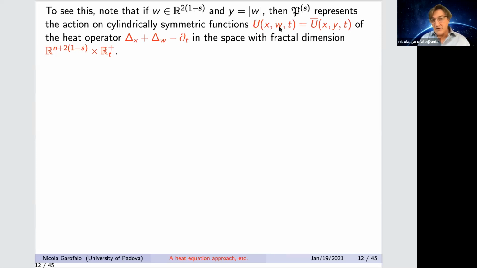Notice that I'm taking functions that depend on the length of w, so on y, of this heat operator. It's well known that the Laplacian on a spherically symmetric function becomes the Bessel operator. And the dimension is correct, because if we take 2(1-s) minus 1, we get exactly 1-2s.